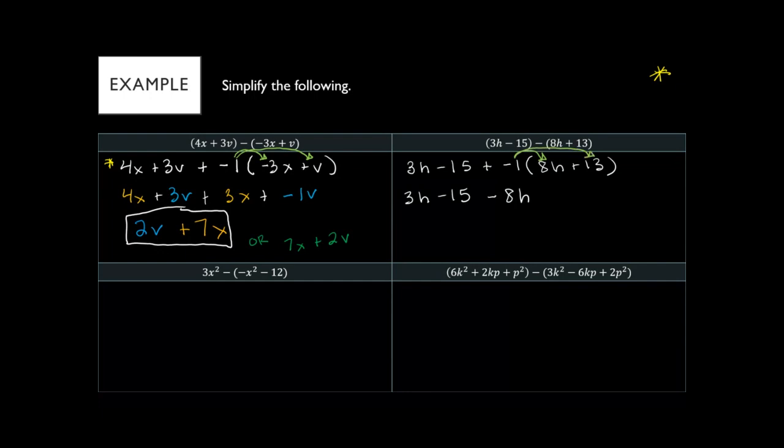Then we have a -1, and we're multiplying by the 13, and that's going to give us a -13. So basically what was in parentheses now has the opposite sign. And that's what subtraction does. Subtraction is basically taking the opposite. And so all the signs basically get the opposite.